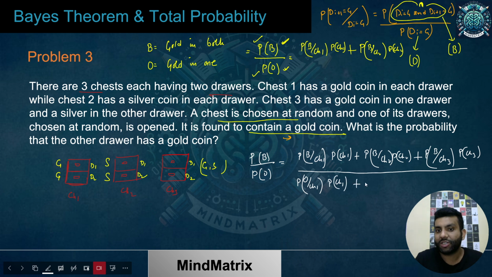This is not the Bayes theorem we are using over here; this is the law of total probability. Sorry, this has to be 2.